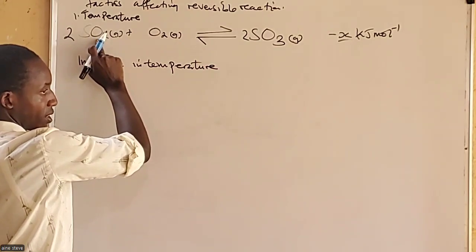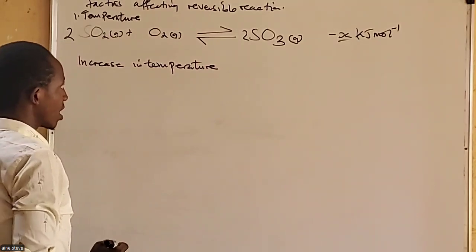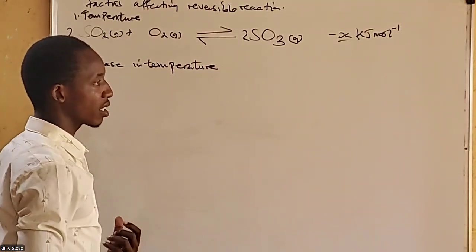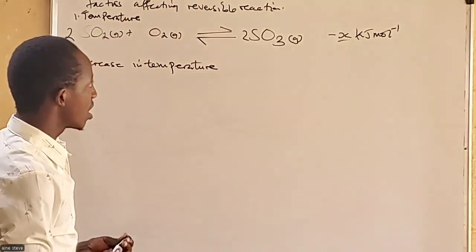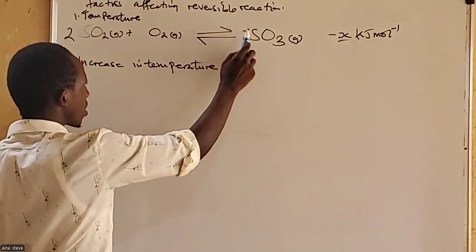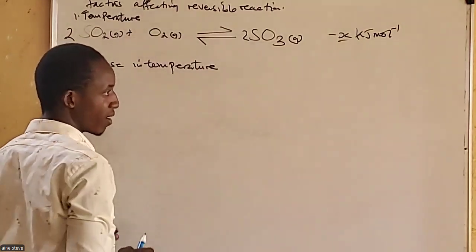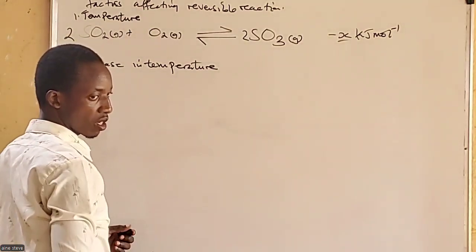because the backward reaction is endothermic. Okay? Now, what effect does temperature have on the equilibrium constant value? When the equilibrium shifts from the left to the right, okay, Kp value and the Kc value will have to increase.